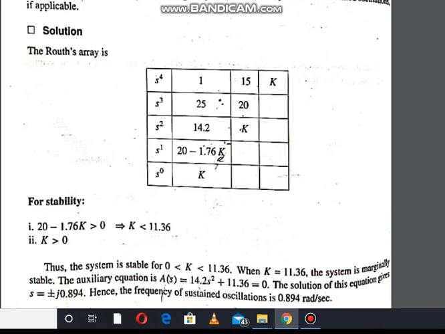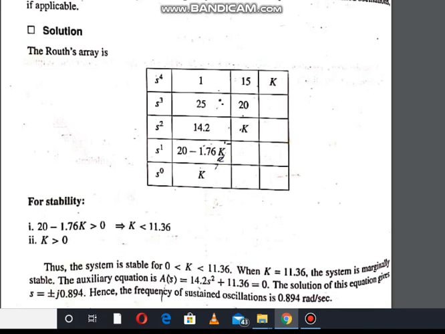So we can write 20 minus 1.76k should be greater than 0. That is our assumption. If it is greater than 0, a positive value, then it will be stable, right? If we simplify, we find k is less than 11.36.